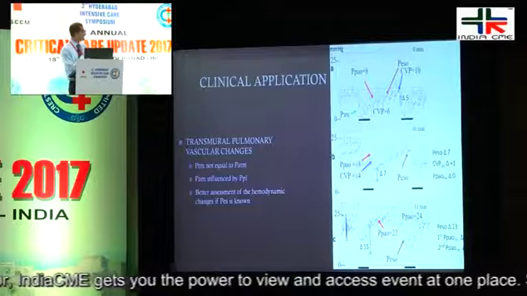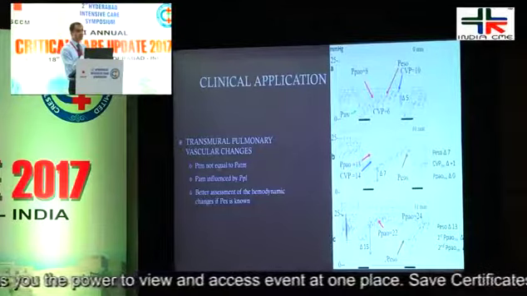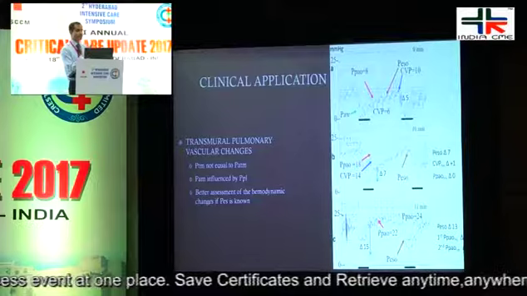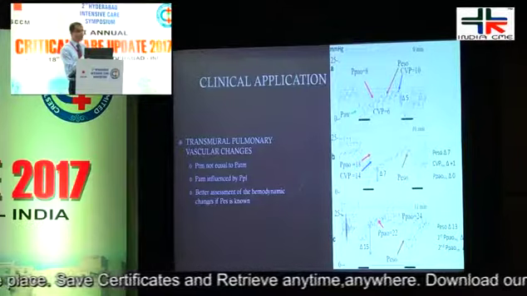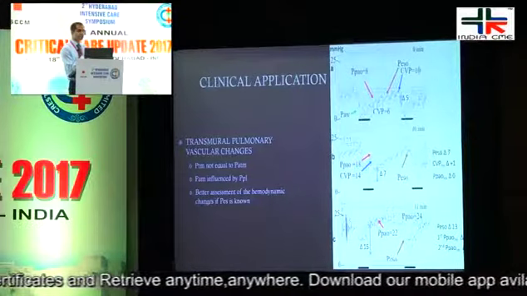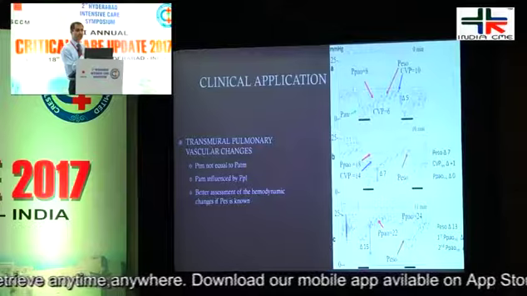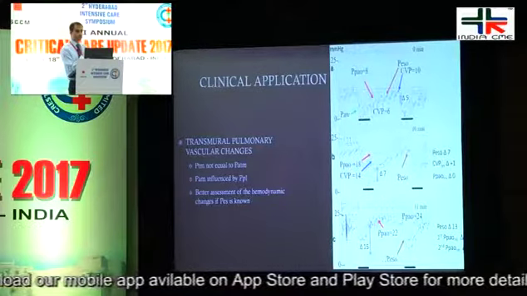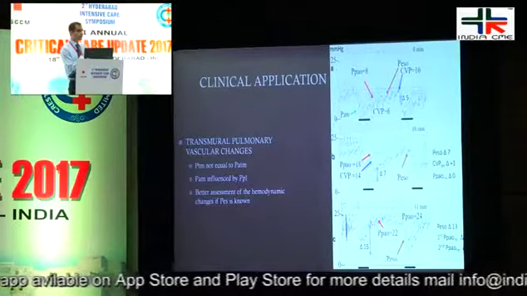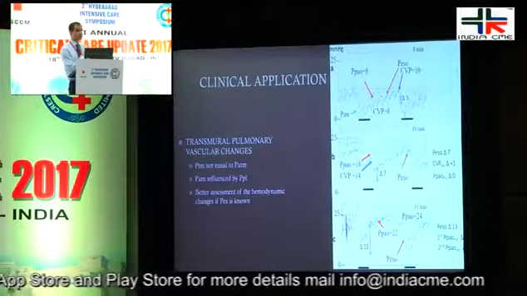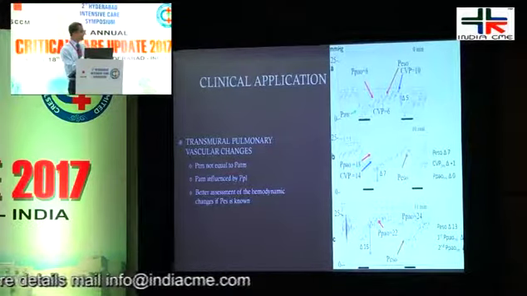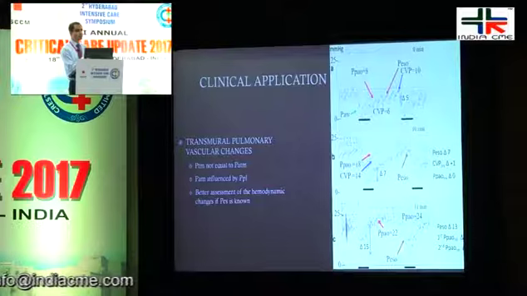So if you find that somebody is having wide swings in the systolic pressure variation or pulse pressure variation, as you can see here, it could be a contribution coming from just the patient being ventilated, plus or minus the effort that the patient is also putting in to breathe. So when you trigger quite a bit, or when there are wide swings in the pressure because of the effort made by the patient to breathe, you cannot say that that is suggestive of volume depletion.